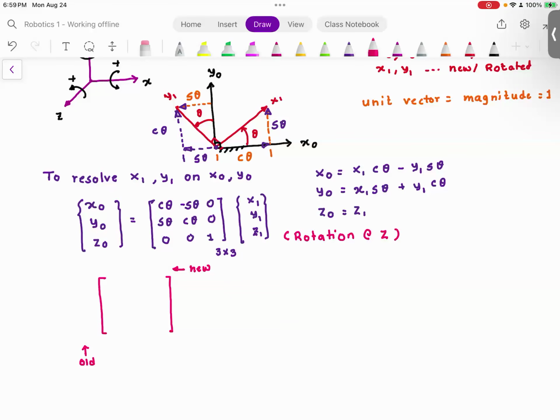So let me write this down here. The old frame is x0, y0, z0. The new frame is x1, y1, z1.